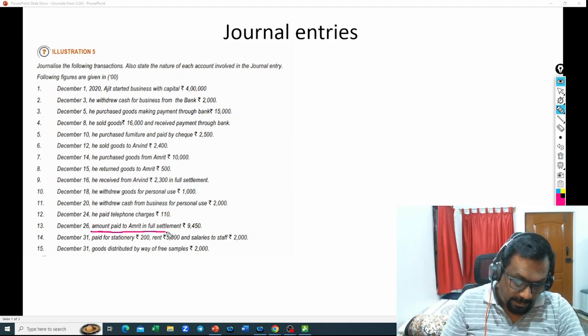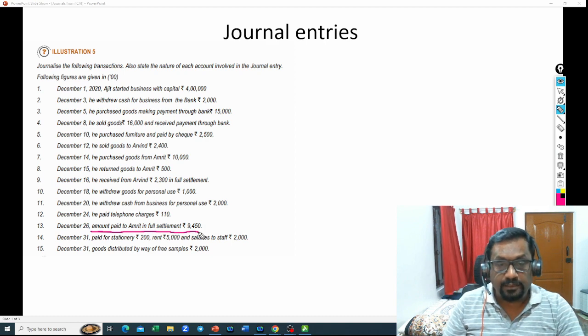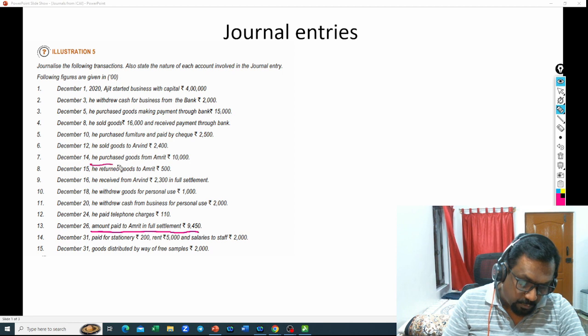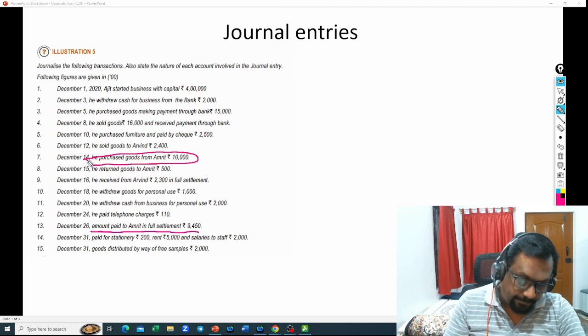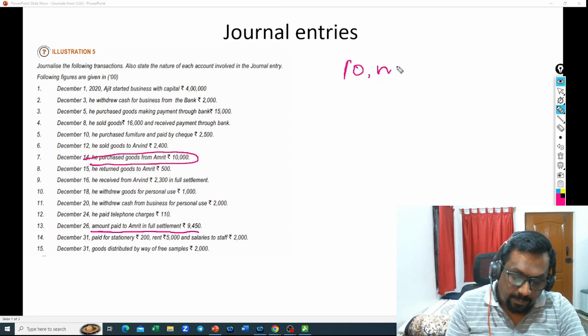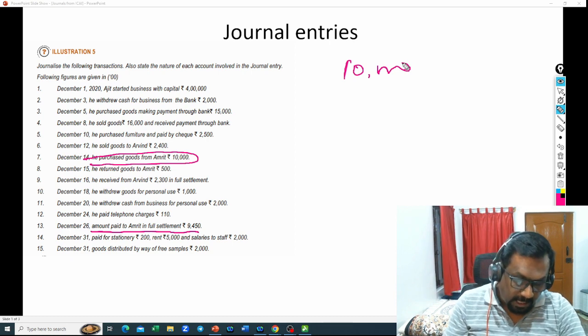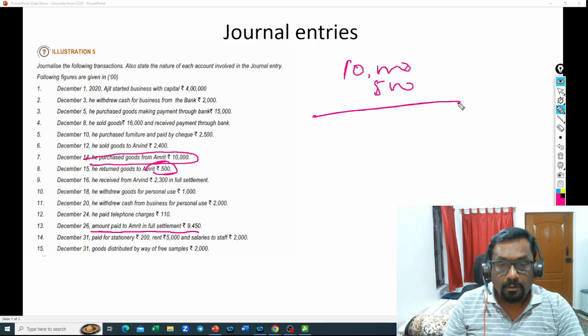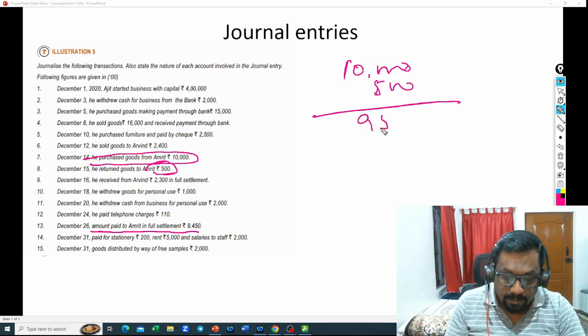Next, amount paid to Amrit in full settlement, 9,450. This is a very important point. How much did we purchase from Amrit? 10,000, right? We purchased from Amrit 10,000 and we returned goods worth 500. So how much are we supposed to pay him? 9,500.